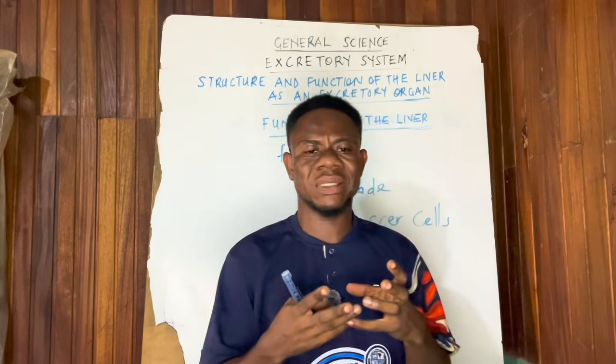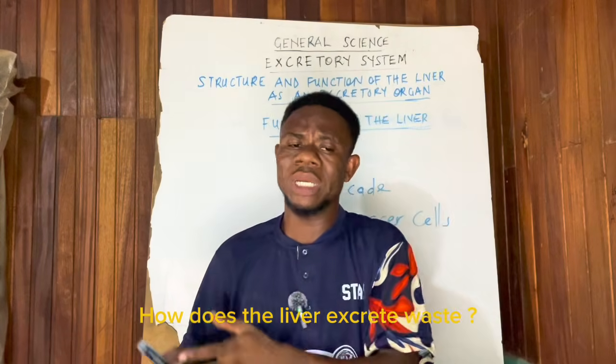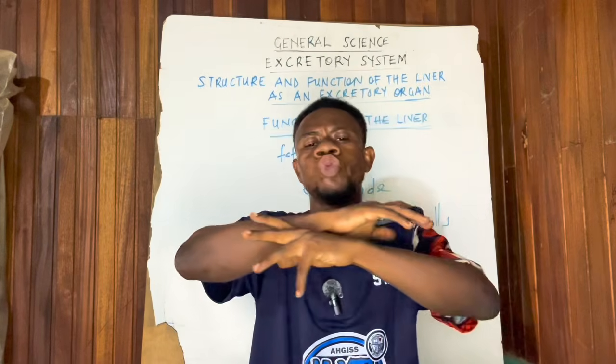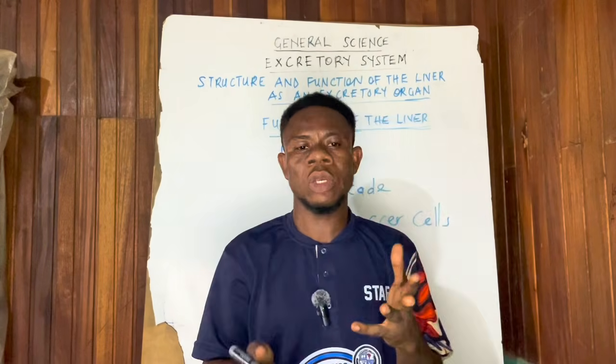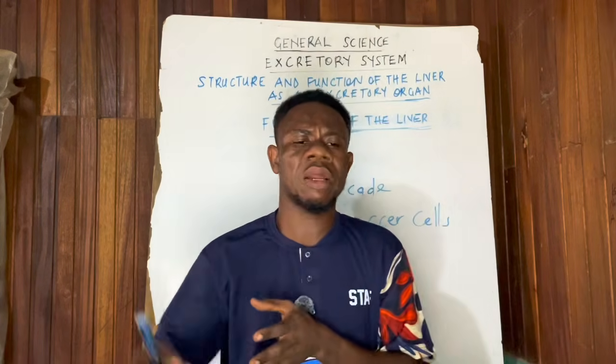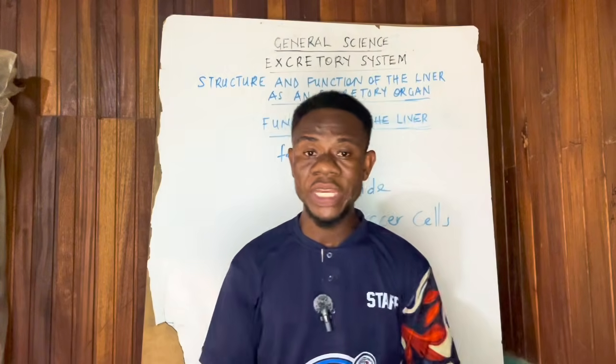Now, how does the liver excrete waste? The liver removes waste through several key processes. We have breakdown of ammonia. We also have bilirubin elimination. Now, let's take the breakdown of ammonia. What is ammonia?